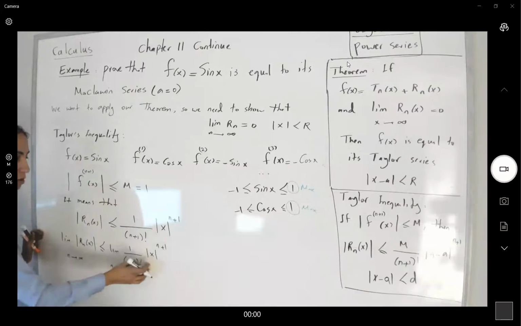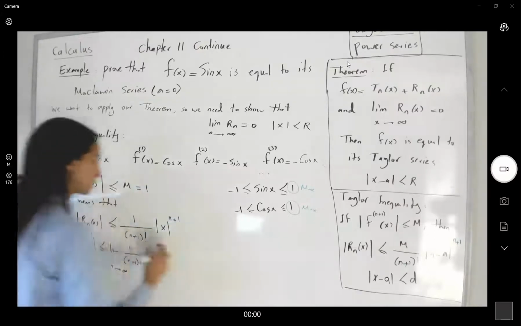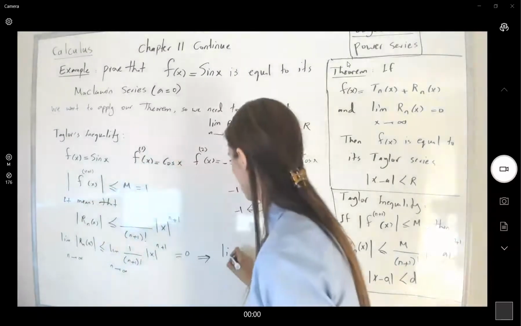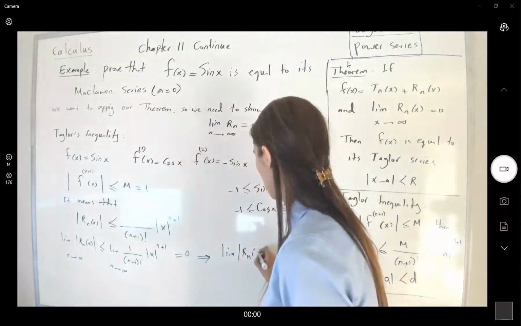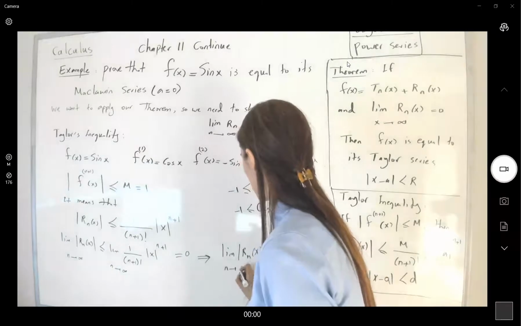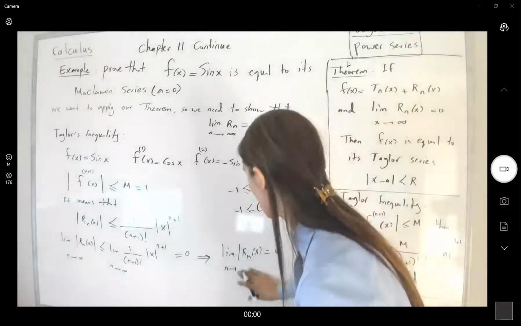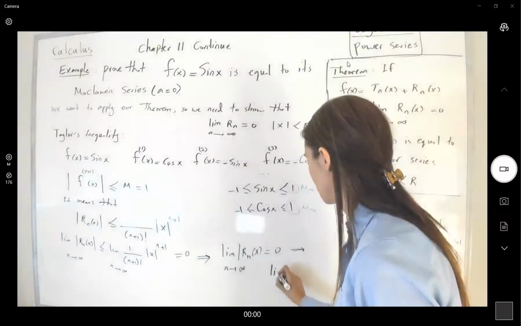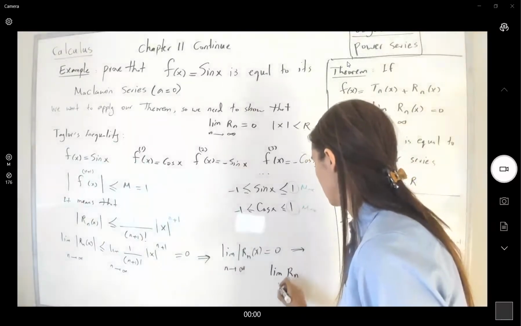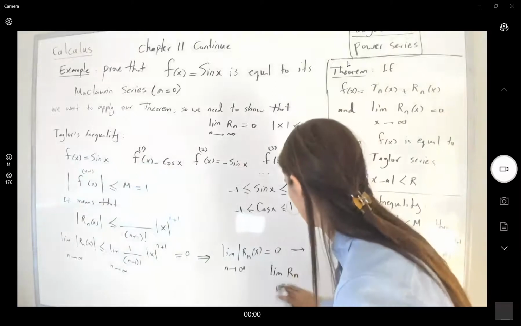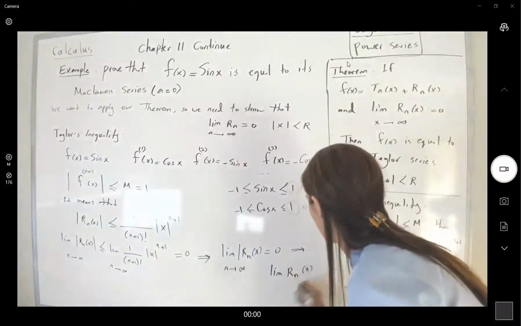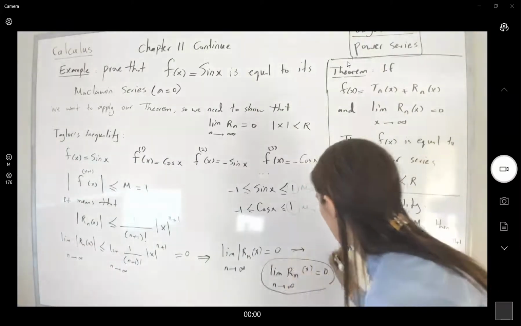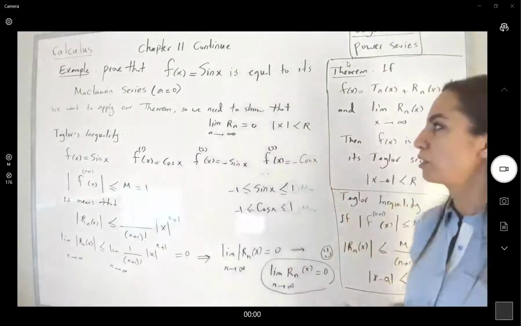This guy is 0. 0 times the absolute value of x is equal to 0. So the limit of Rn of x as n approaches infinity is 0. So we can apply our theorem.